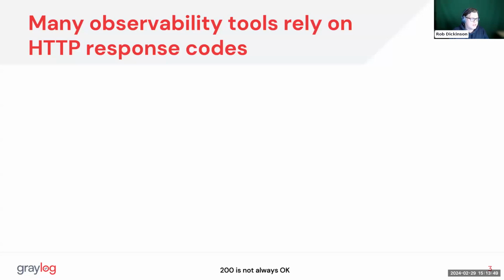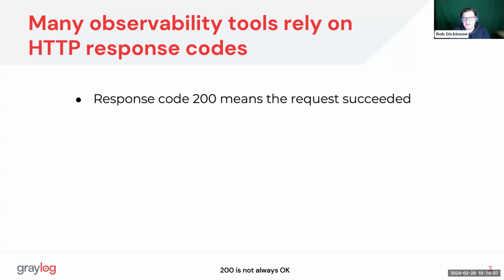So the core idea here is that a great many observability tools and monitoring tools and even logging tools rely on HTTP response codes as an indicator of quality, as an indicator of what happened.